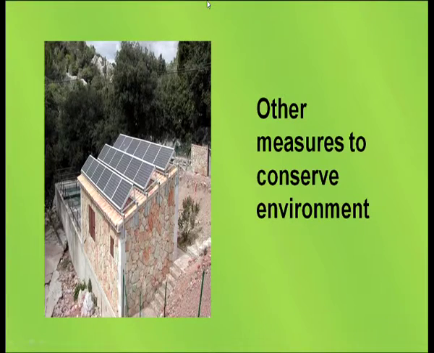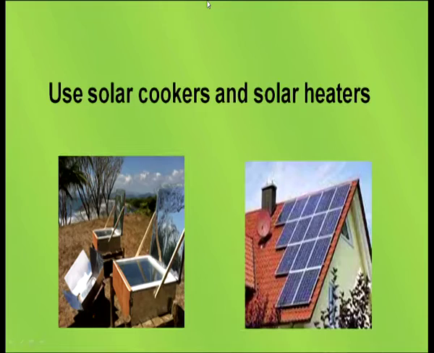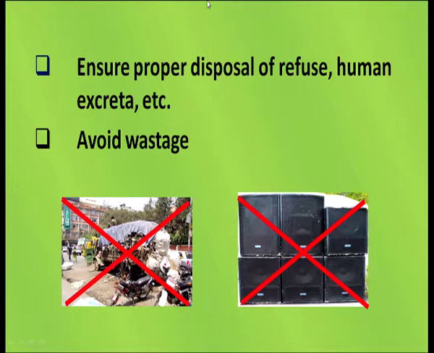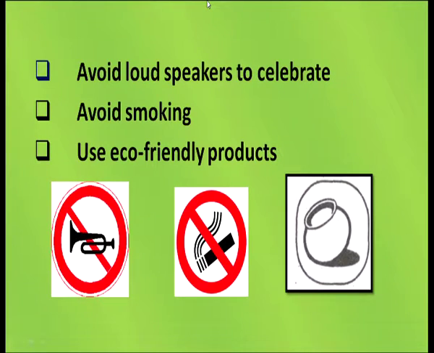Other measures to conserve the environment are use of solar panels for generating electricity, use of solar cookers and solar heaters, maintain sanitary conditions and adopt hygienic habits, ensure proper disposal of refuse, human excreta, etc. and avoid wastage. Avoid loudspeakers to celebrate, avoid smoking and use eco-friendly products at home.